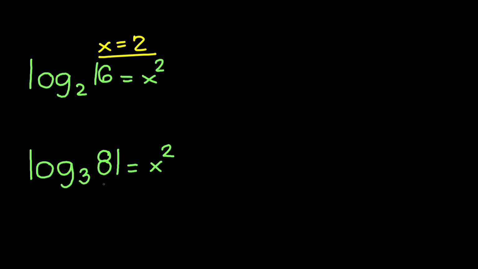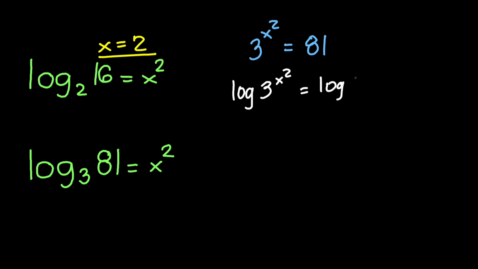Lastly, log of 81 with base of 3 equal to x squared. Convert this: 3 to the power of x squared equal to 81. So, multiply log on both sides, and bring down x squared.